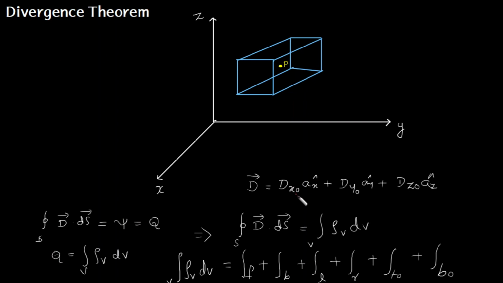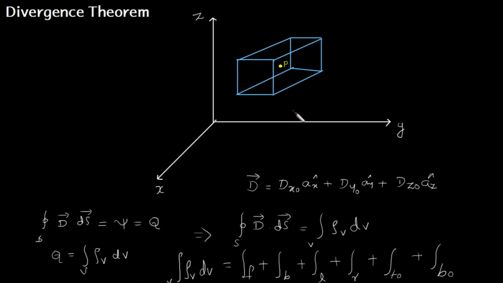Now let us see how to calculate each integral, in the sense D dot dS over the front surface, back surface, and similarly other surfaces. Here we will make one assumption. Since this cuboid is very small and this point P is where the flux started diverging, I will assume that D is constant, that is, my flux density is constant throughout the surface.